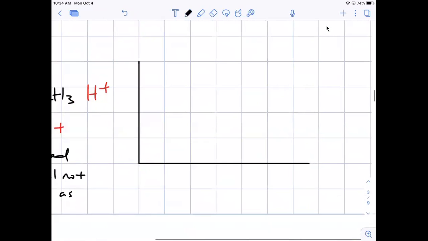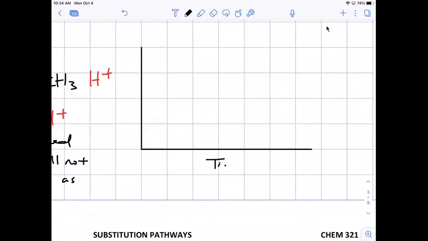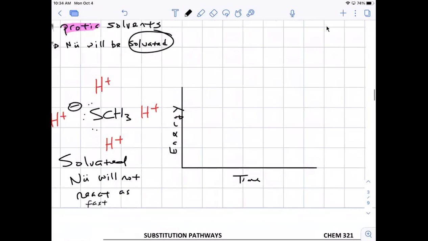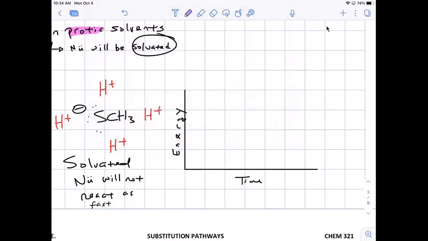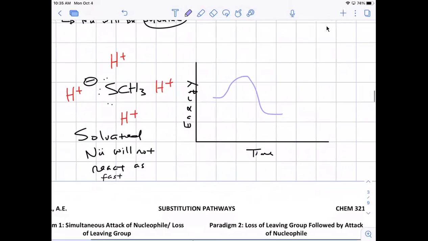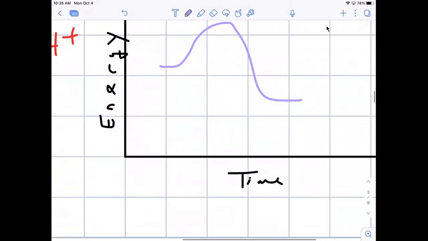So again, this is time on the x-axis, and this is energy on the y-axis. All right. So let's say, for instance, I'm going to start out with aprotic. Let's just say that's my reaction profile for aprotic.